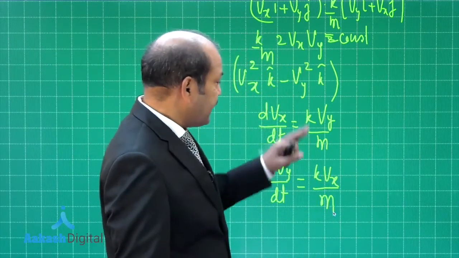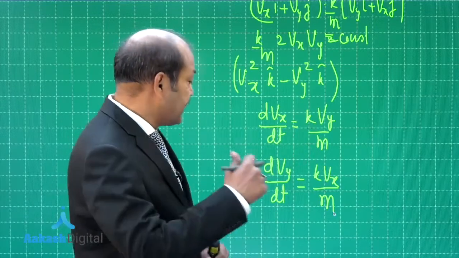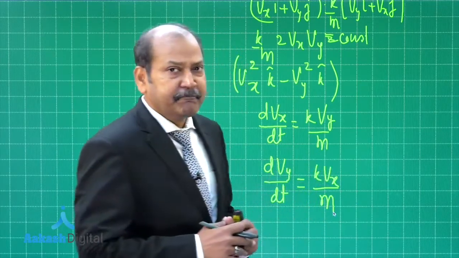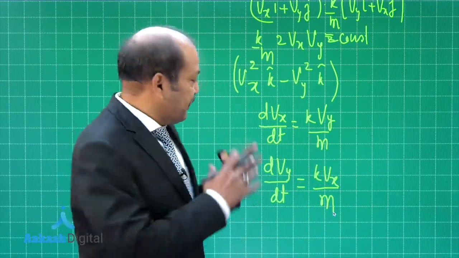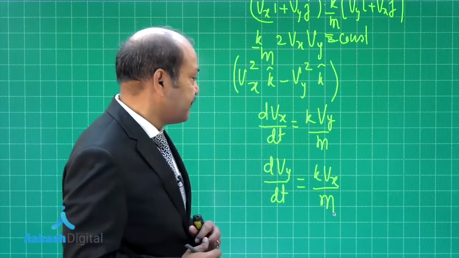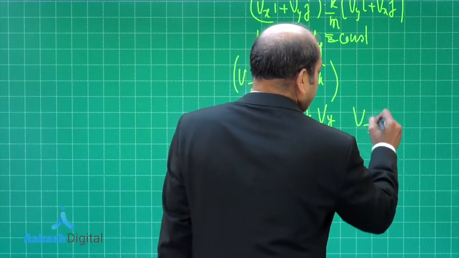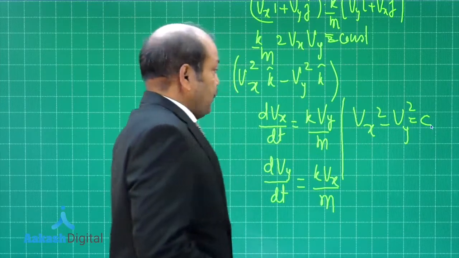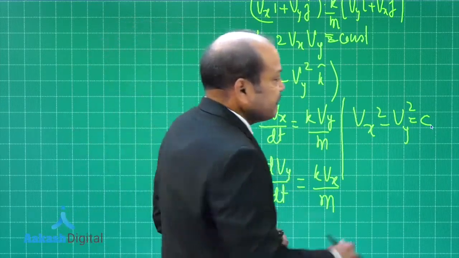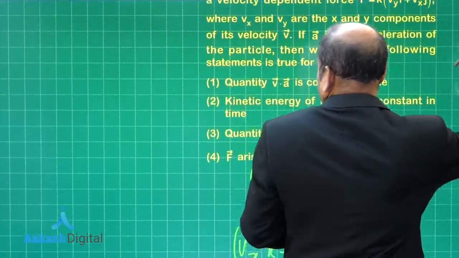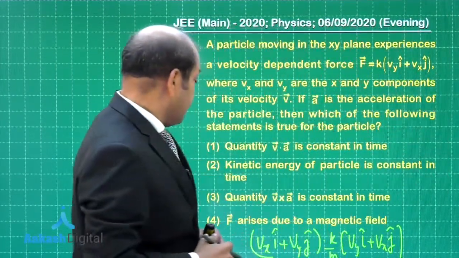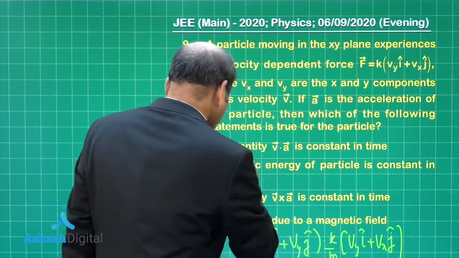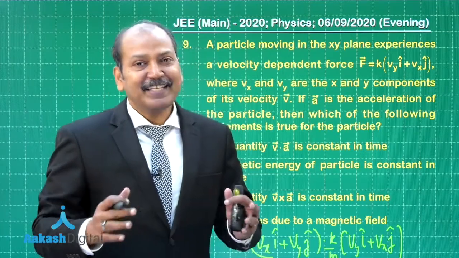Now, we can divide one equation by the other, that will give us dVy by dVx in terms of Vx and Vy, and after that by integrating we get the relation in fact that Vx square minus Vy square is coming out as a constant. Well, that means we have now arrived at the solution to the question, and it means clearly that the quantity V cross A is constant in time. So, option 3 is correct for question number 9. Let us now go to question number 10.